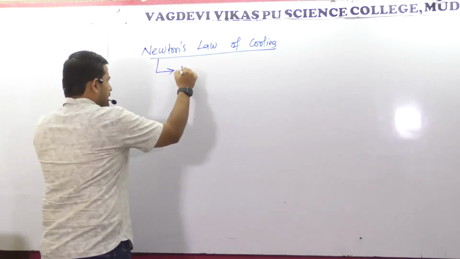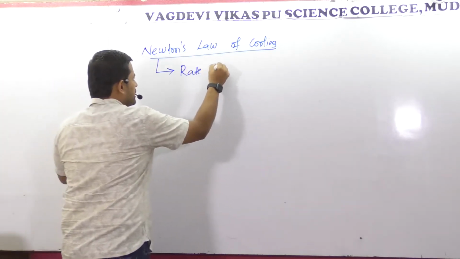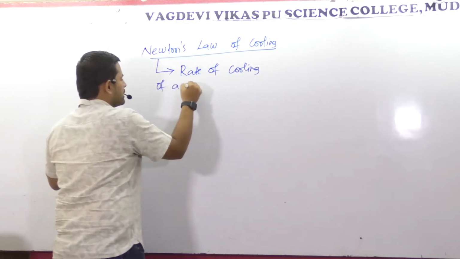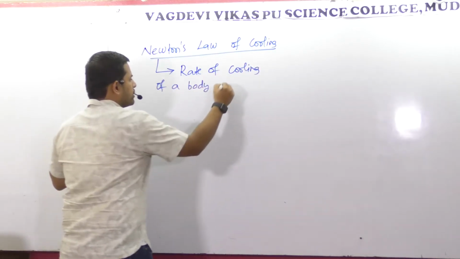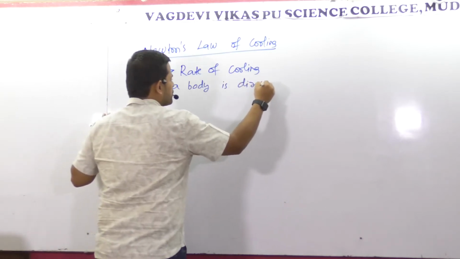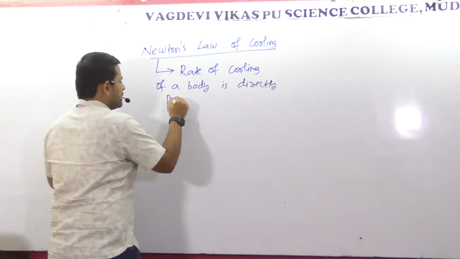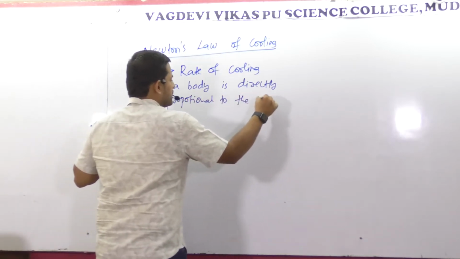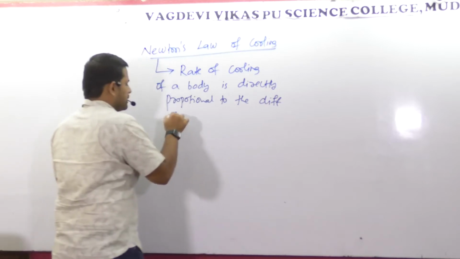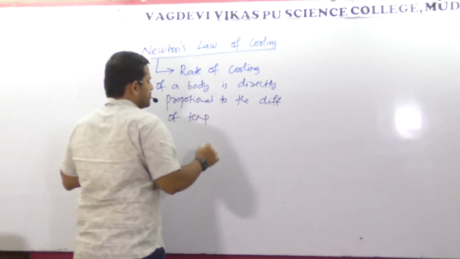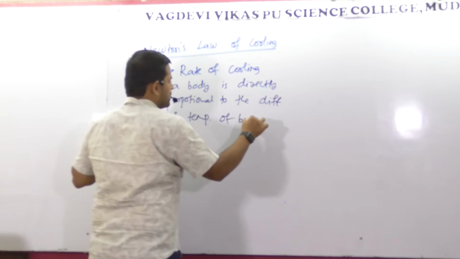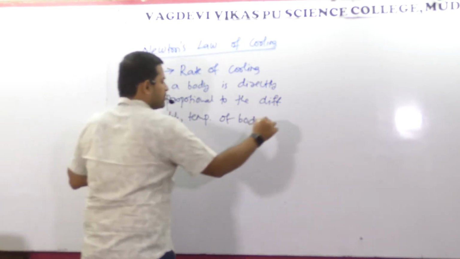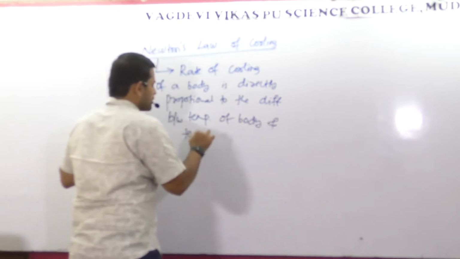It says, rate of cooling of a body is directly proportional to the difference of temperature of a body or difference between temperature of body and temperature of surrounding.